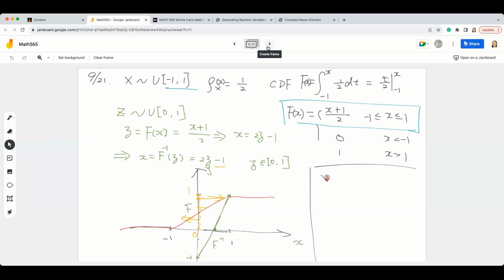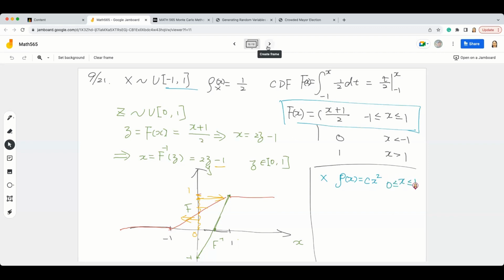This random variable x is on the interval 0 to 1. Its density is c times x squared, with x from 0 to 1.